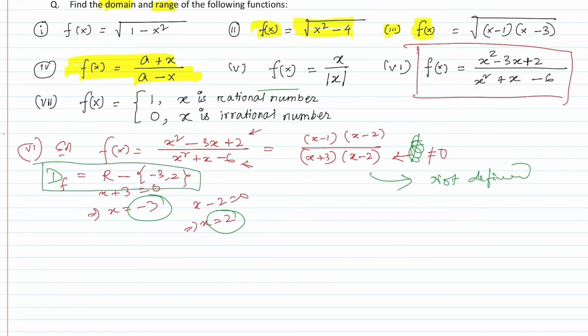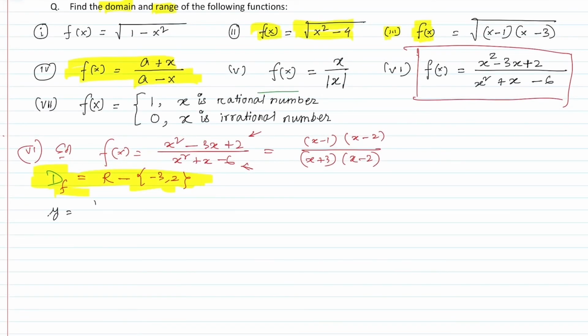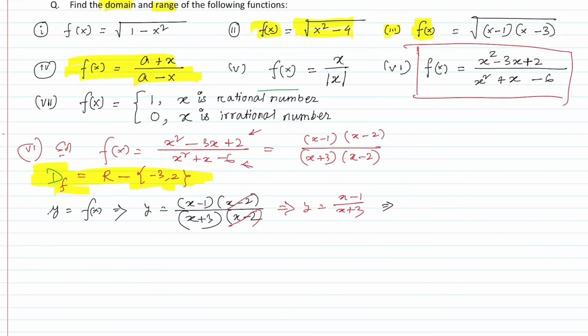Now let me show you how to find the range of this function. In order to find the range, let us consider y is equal to f of x. So y must be equal to x minus 1 into x minus 2 by x plus 3 into x minus 2. Here x minus 2 cancels, so y must be equal to x minus 1 by x plus 3. Let me simplify this.